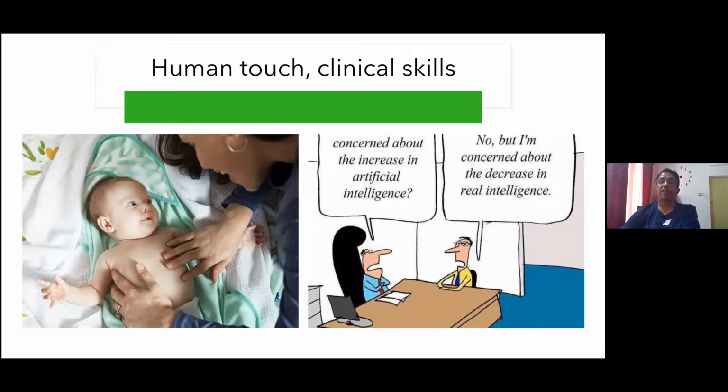Unlike my teacher telling us, stand by the side of the baby and look at his chest movement, look at his breathing pattern, look at his nasal flaring, and see whether the baby is happy on the ventilator or struggling. These skills cannot be taken away. It would take a very long time before artificial intelligence can replace all these human skills and replace the mode of ventilation completely.